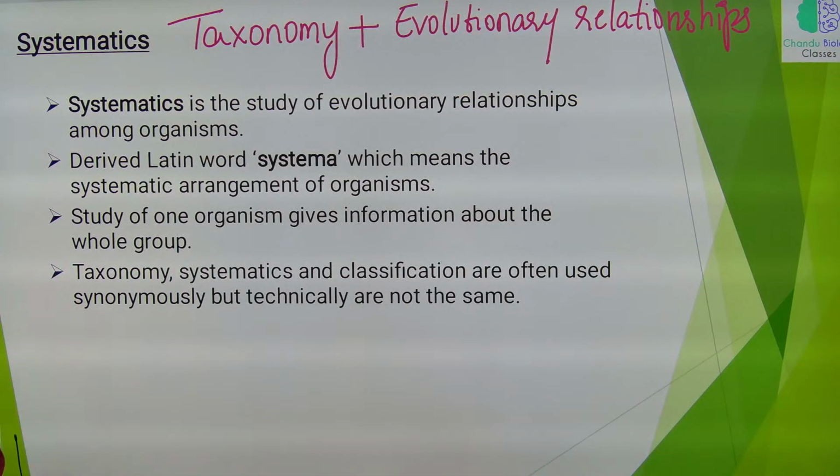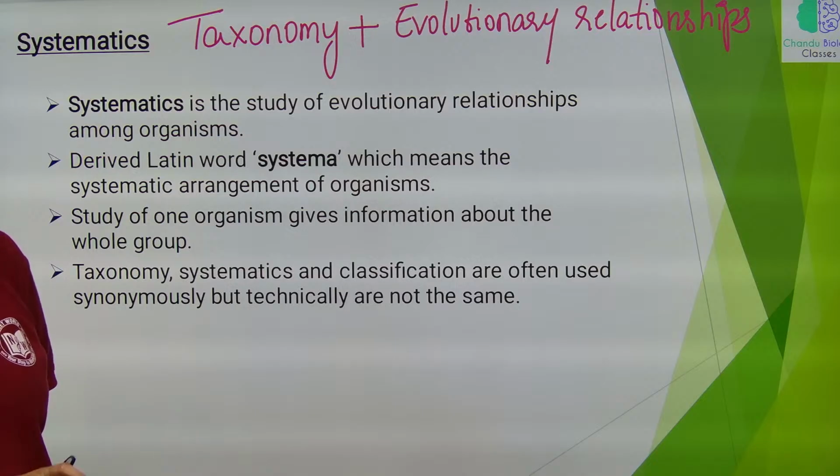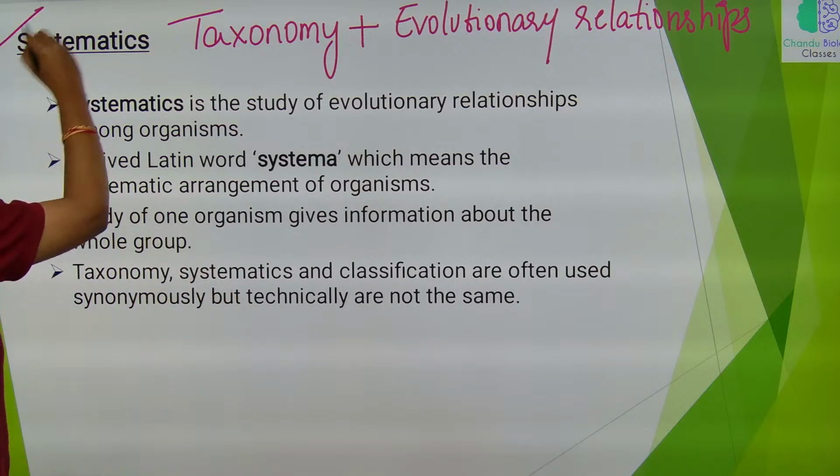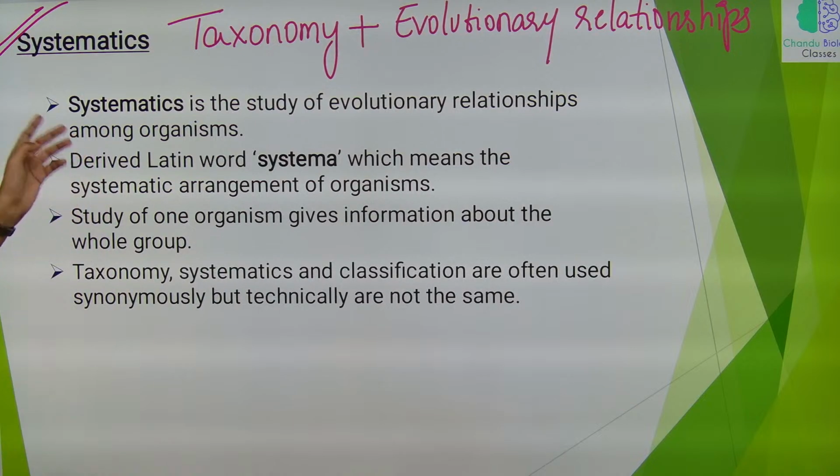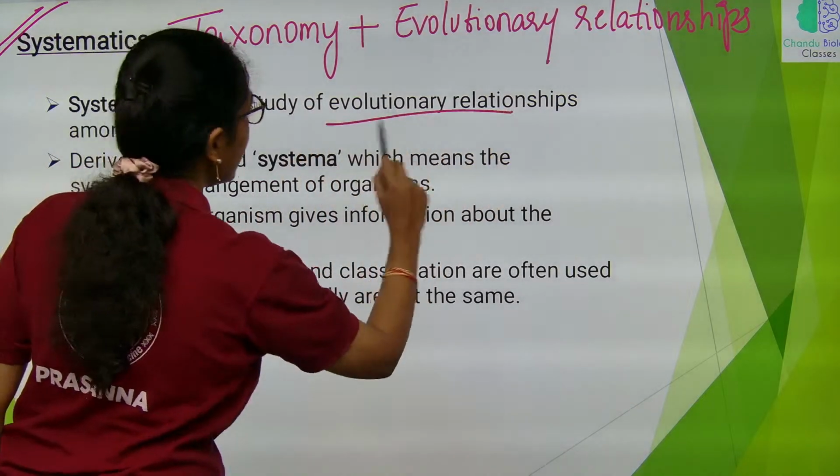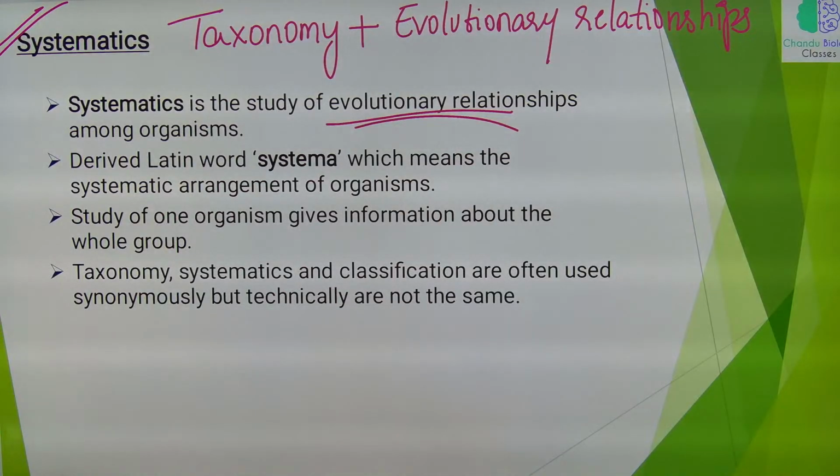Along with that, if we are also considering the evolutionary history of an organism, then it is said to be systematics. So systematics is the study of evolutionary relationships among the organisms.